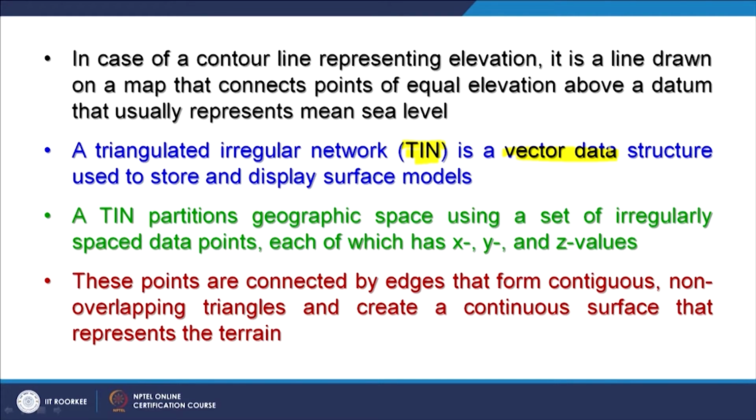So, we had three spatial data models: vector, raster, and TIN. TIN is in many ways not really close to vector or raster, but the best part is it represents the surface. That is why it is very advantageous from a representation point of view.